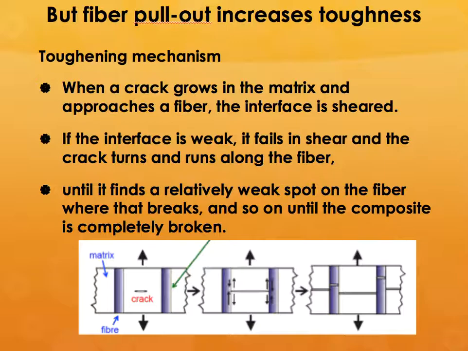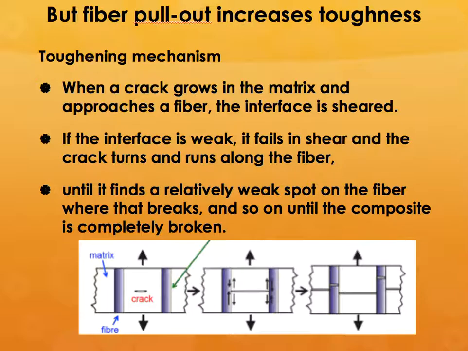This one describes the toughening mechanism of a composite, especially if there is fiber pullout. Most of the time, the fibers and the matrix are not the only ingredients in a composite. You also have what is called an interfacial region, which has different properties compared to both the fibers and the matrix.